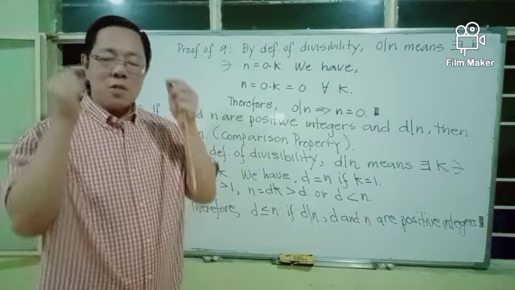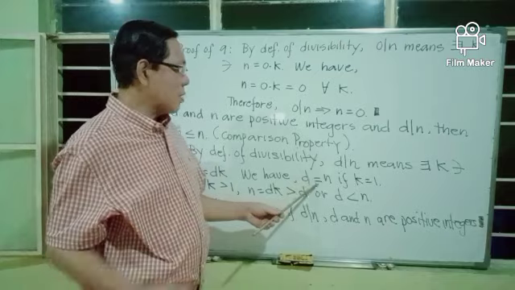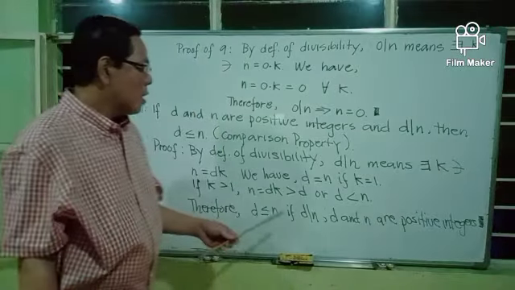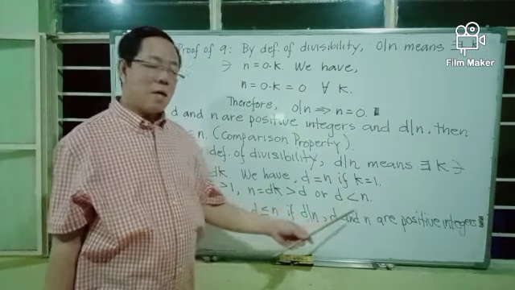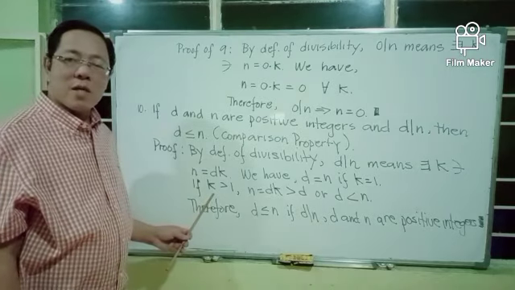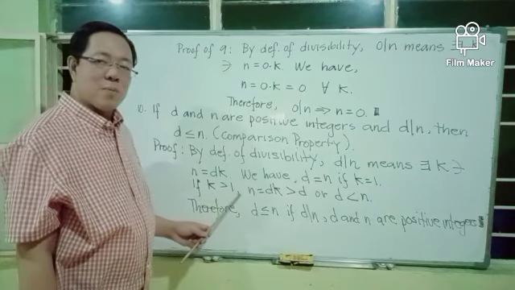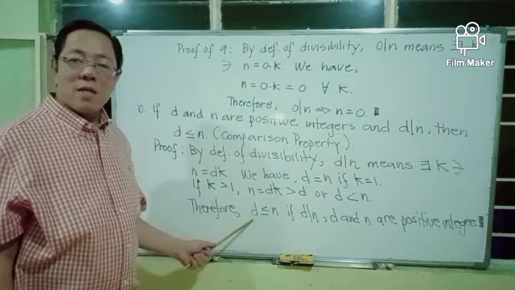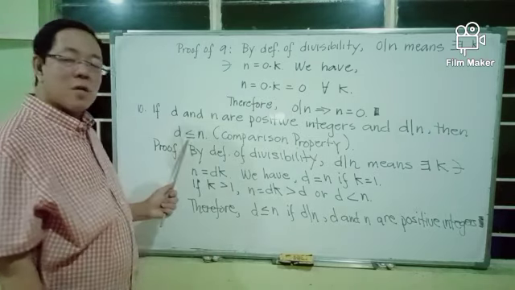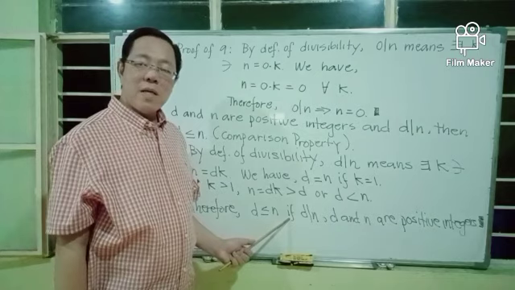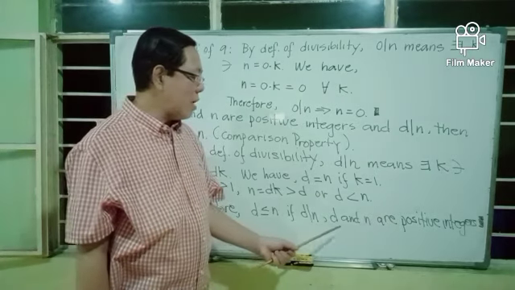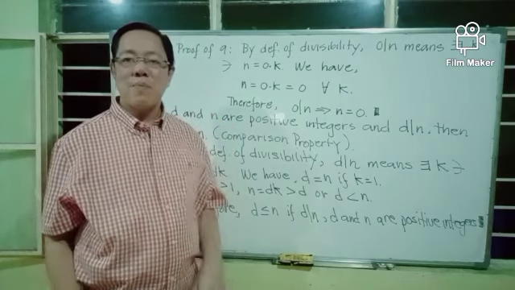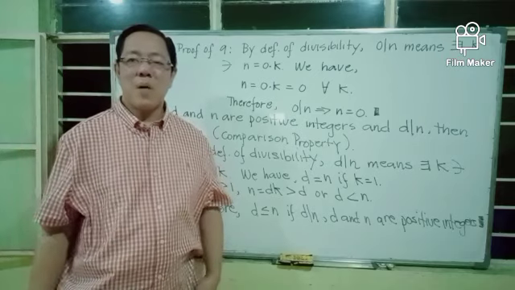We obtain d equals n if the integer k is equal to 1, and we obtain the result d less than n if the integer k is greater than positive 1. Combining these two results, we conclude that d is less than or equal to n, which is the conclusion of the comparison property given that d divides n and d and n are positive integers. And this completes the proof of the comparison property.